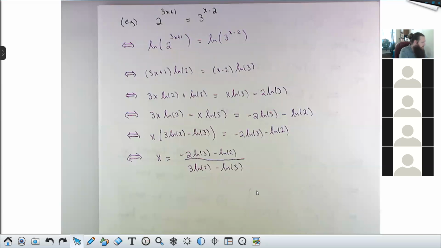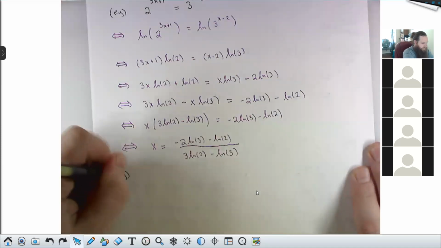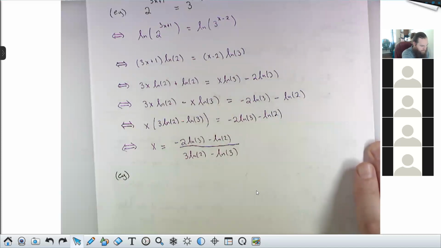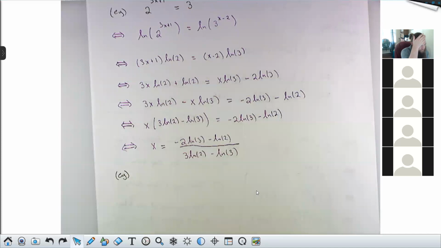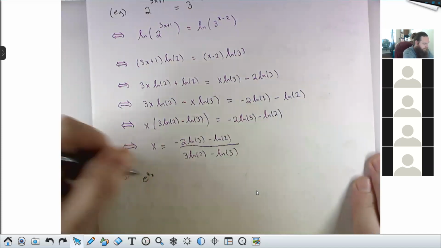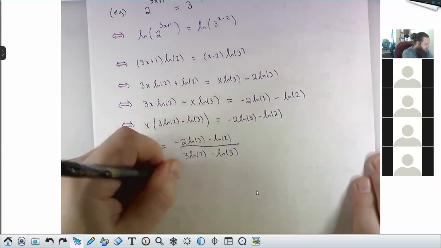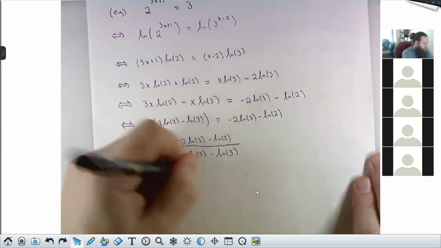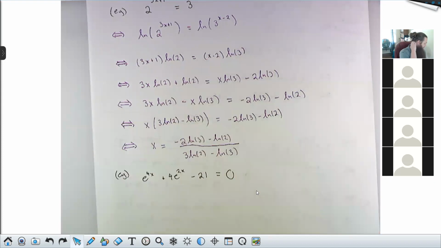Okay, last example of an exponential equation. Let's look at e to the 4x plus 4e to the 2x minus 21 equals 0.